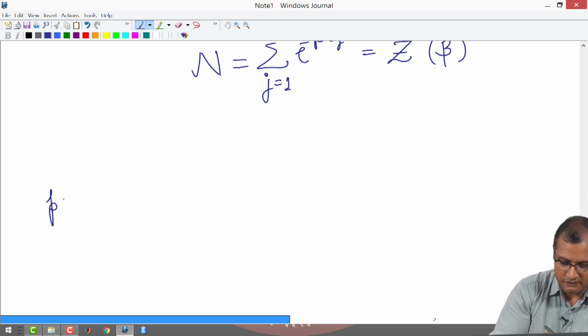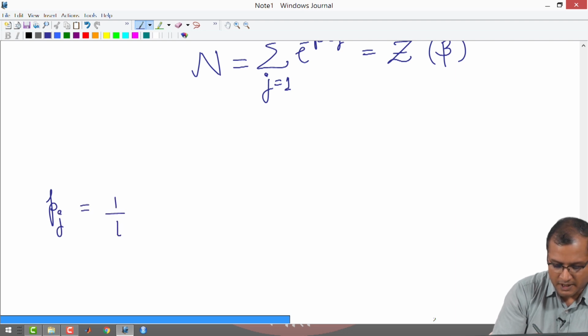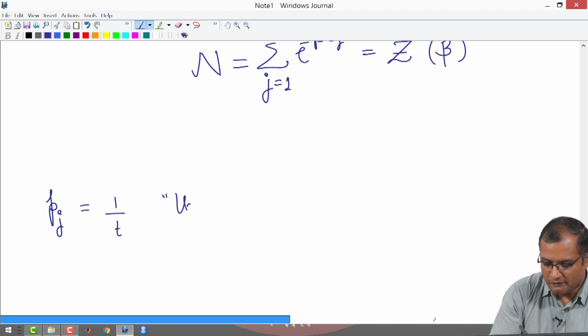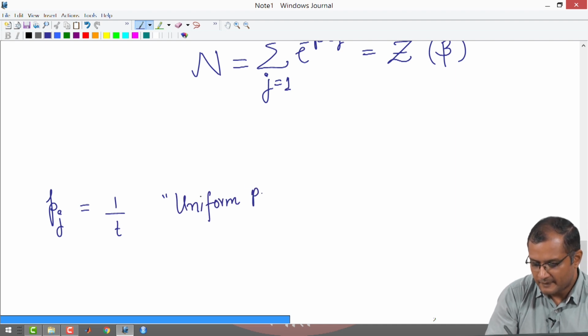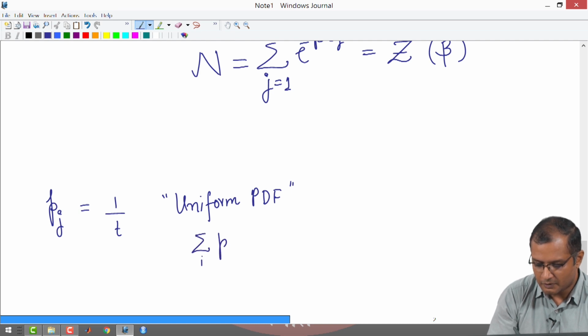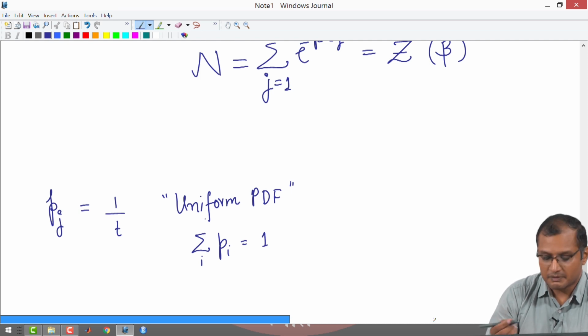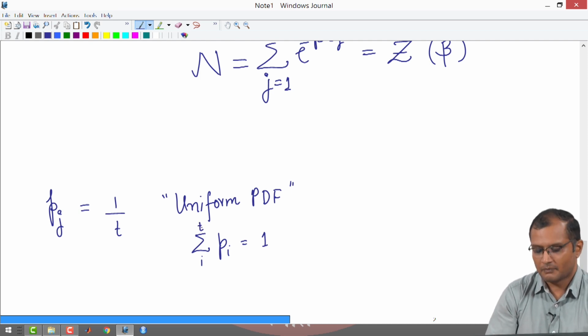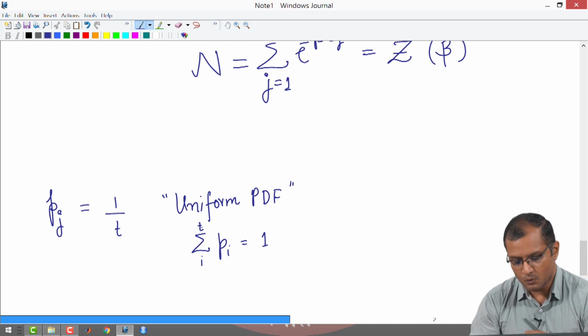One type of PDF was simply P of j as 1 upon T, I call it a uniform PDF, and this comes if the only constraint is that the probabilities are conserved, or they add up to 1.